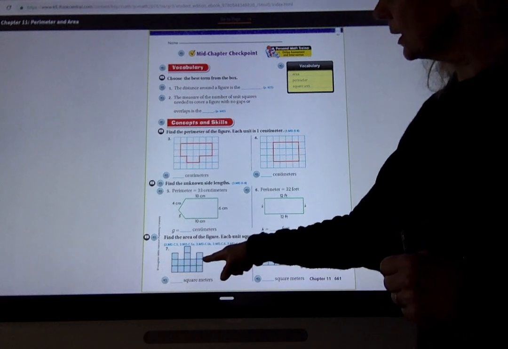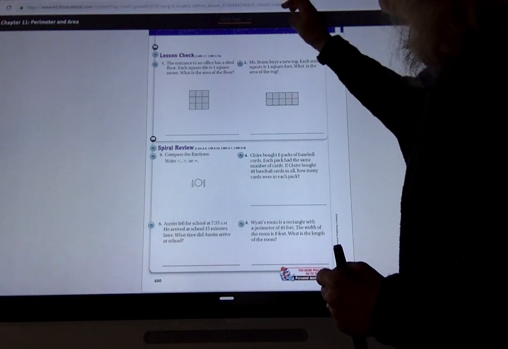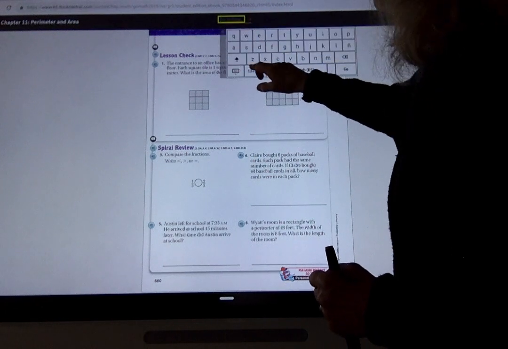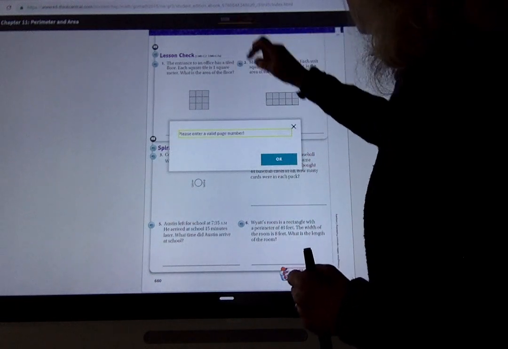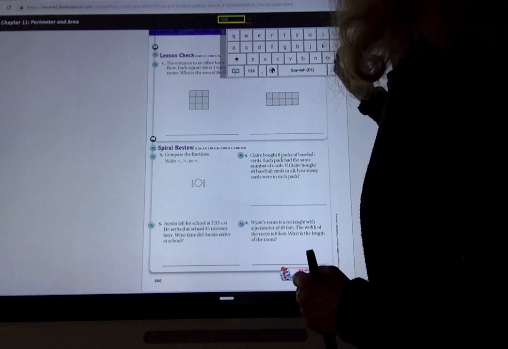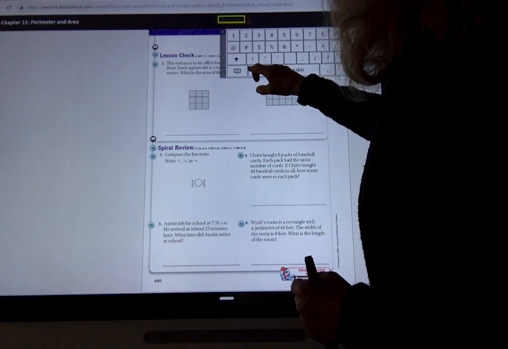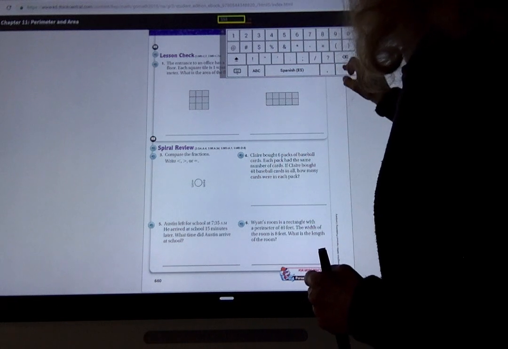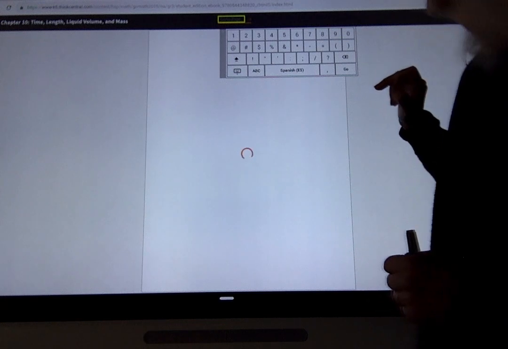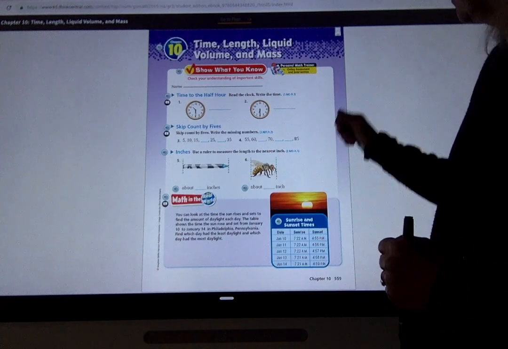This plus this, and then, whoops, let's go back to that page. I hate when that happens. Oh no. Here we go. That's not it.